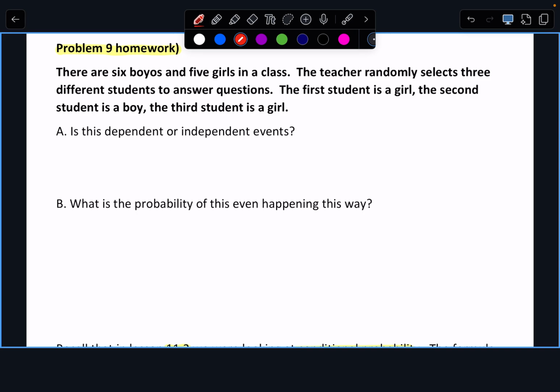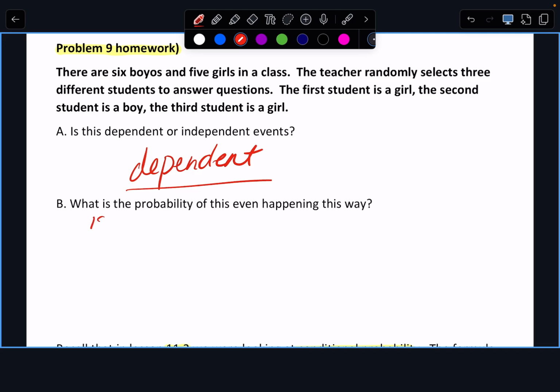Independent. It says 3 different students. So it's dependent. As soon as the teacher picks someone that's not you, there's more of a chance next time she's going to pick you, right? Because there's less students, you know? So it's actually dependent because you're not replacing the student. The student can't get picked twice.